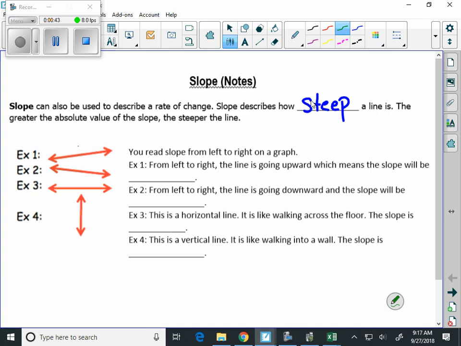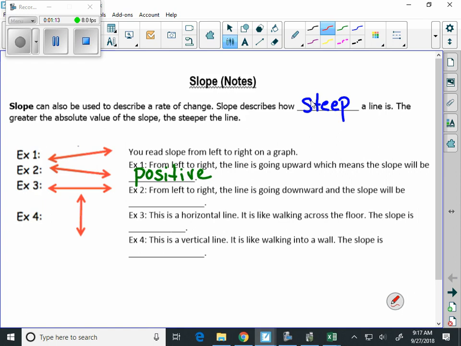So if we look at example 1, hopefully what you're thinking based on the last unit is that this red line here is going up and up and up and up. It's an increasing slope. And when it's going upward, that means that our slope is said to be positive. And it's fairly intuitive.